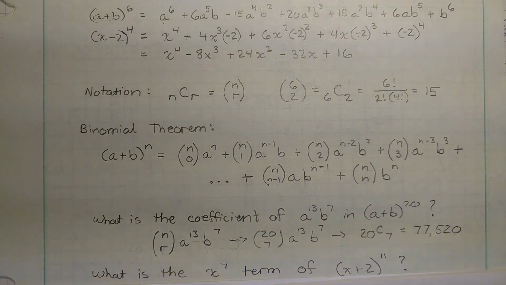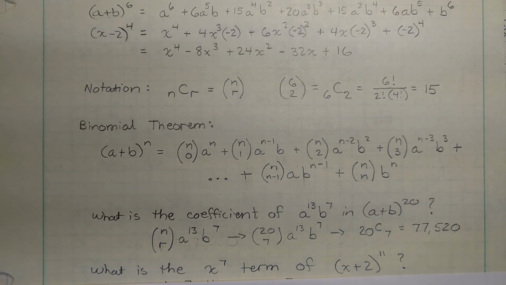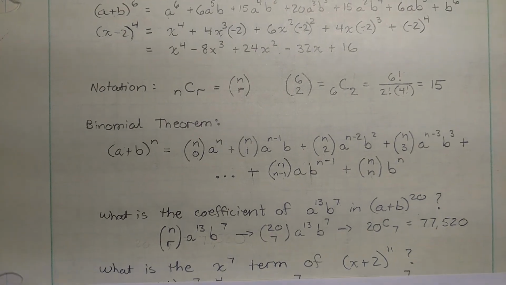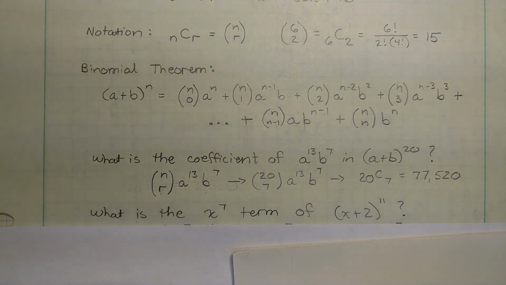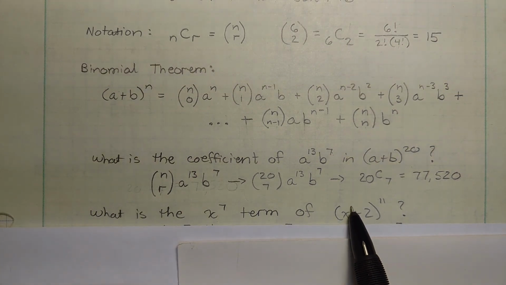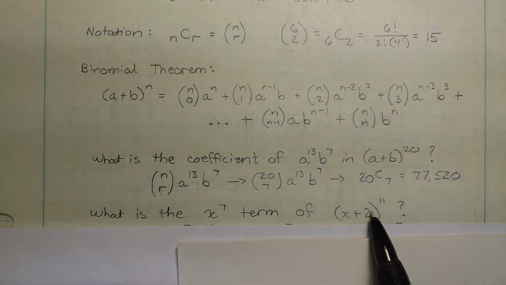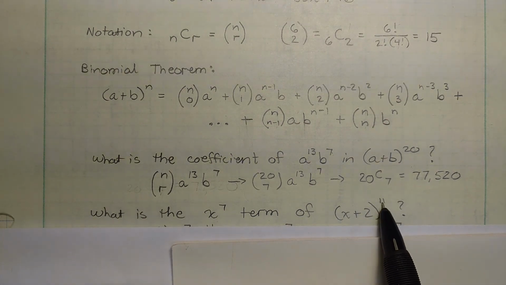All right, here's another kind of question you'd have to ask. What is the x to the 7th term of x plus 2 to the 11th power? So now we just want to know that whole term. The term includes both coefficients and constants. I know that the x to the 7th term is when x is going to be to the 7th, since this is to the 11th, and 2 will be to the 4th, because the powers there always have to add up to the total there.